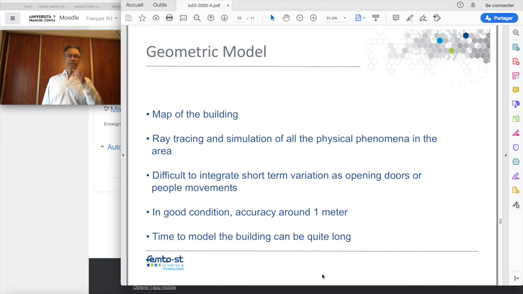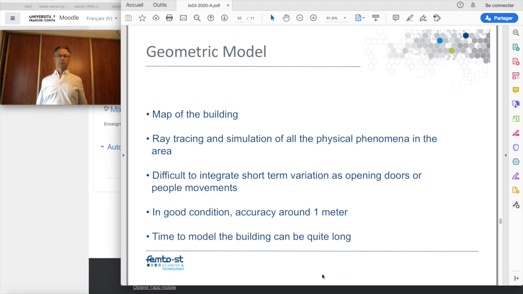So what is a geometric model? In a geometric model you have the map of the building, you know exactly where the walls are, where the doors are, and you are going to use a propagation model which will do something like ray tracing in order to simulate all the physical phenomena inside the building, in order to define that in this part of the building you are going to have a very good reception, but in this other part of the building it will not be good.